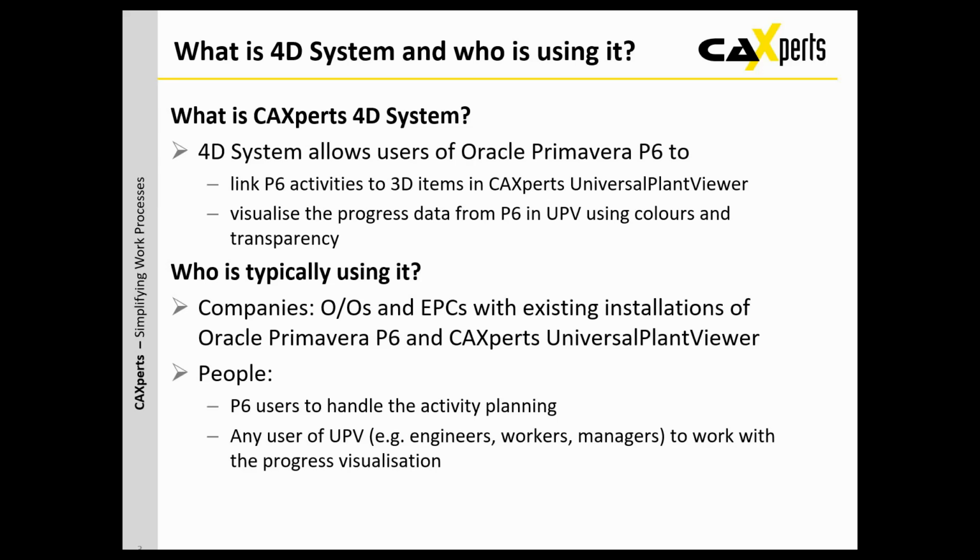And the typical users of UPV on the other side, like engineers, workers, managers, that want to work with the visualization and that are not really interested in the internal details of P6 or perhaps don't have a P6 connection at all.